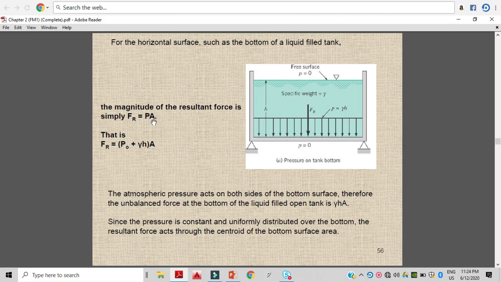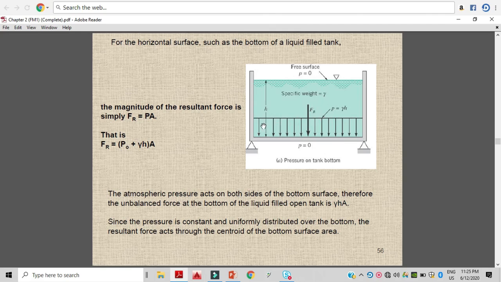So force is equal to pressure times area, that is F_R = (P0 + γh) A. P0 is the atmospheric pressure acting on the surface, or it could be any initial pressure acting on the free surface. So here this is the net resultant force.